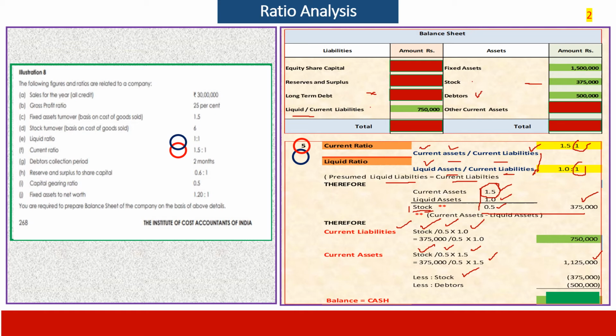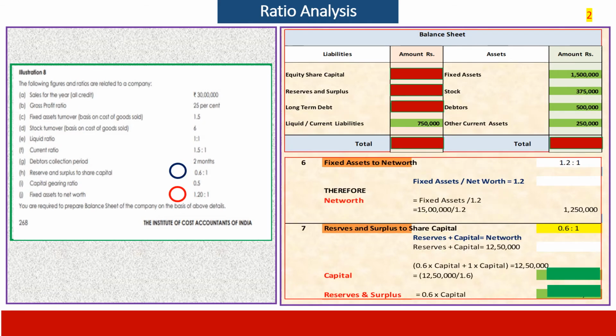What we need is only the balance, which might be cash or other current assets. Let us call it other current assets. Out of 11,25,000, we are already aware of these two, 3,75,000 and 5 lakhs. What is the balance? Balance is 2,50,000. It is nothing but other current assets. Post it here. That covers up to this point.